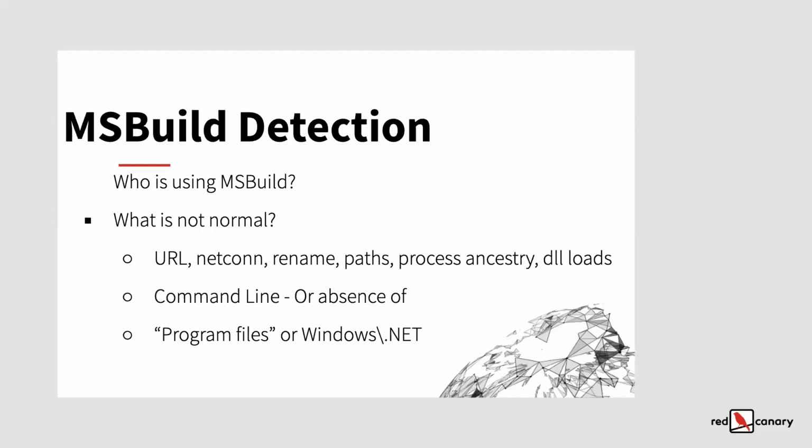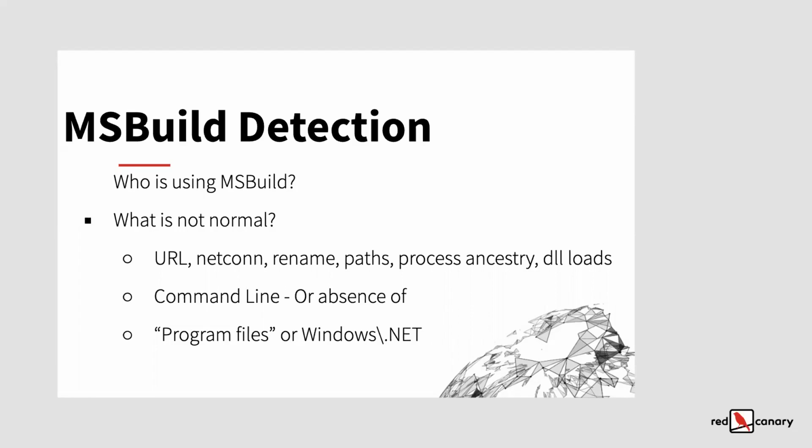Fortunately, it's been out there long enough that we can all look at past tweets and past research on MSBuild, so you can easily start to build out your content and use cases, looking for abnormal MSBuild behavior. So looking for URLs in the command line, MSBuild performing network connections, or it spawning off of Word or any kind of Office product.